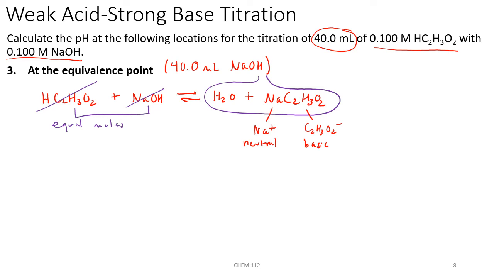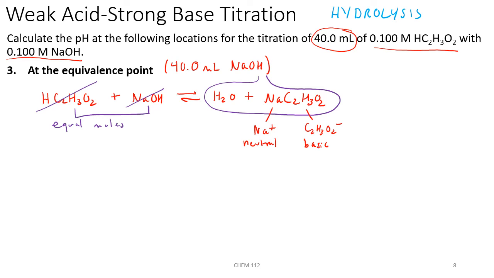So at the equivalence point, the type of problem that you want to do is a hydrolysis calculation. You want to decide what's going to be able to react with water and change the pH. So just because we've had complete neutralization and we have water and a salt present, it doesn't mean that that salt is going to be neutral. With a strong acid, strong base at the equivalence point, we did have a neutral salt that was formed and the pH was equal to 7.